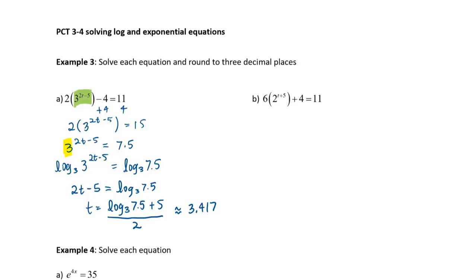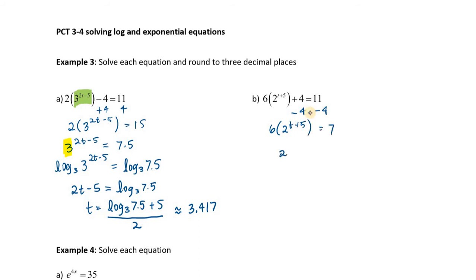Okay. I'm now going to do B. I suggest that you pause the video and see if you can do it by yourself, and then you can follow along if you need help. So subtract 4. And that leaves us with 7.